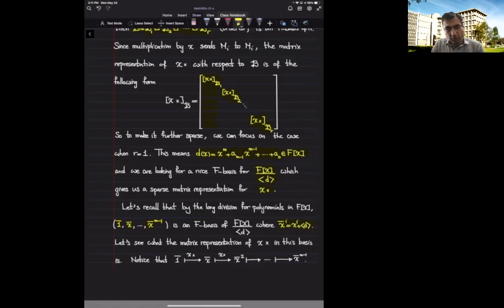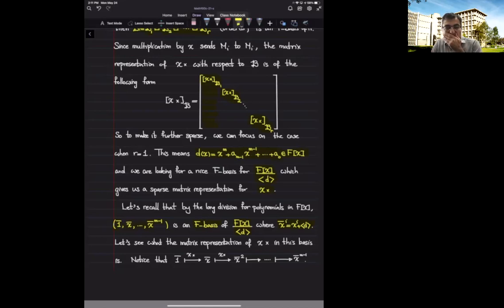So by using long division, we deduce that every element in this quotient can be written in a unique way as an F-linear combination of these vectors, which means that this ordered set of elements forms an F basis for this space.